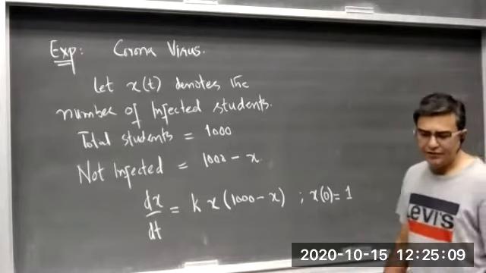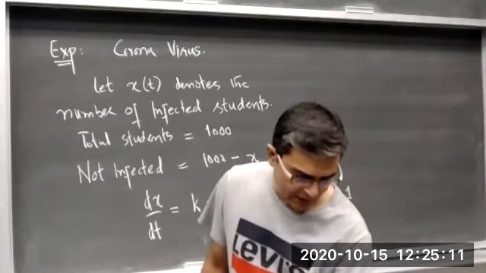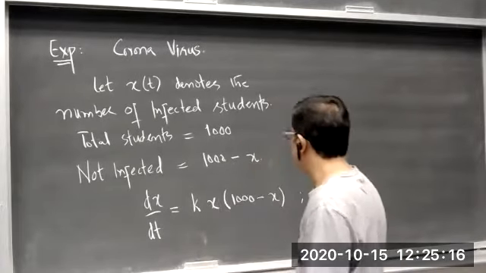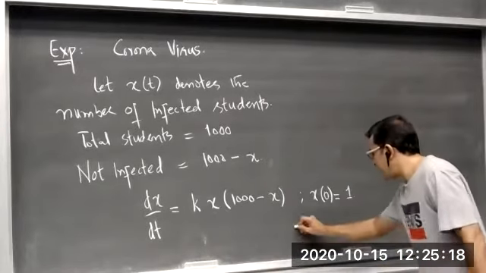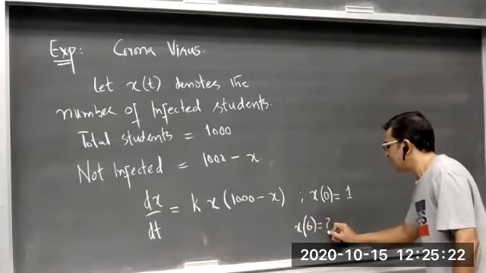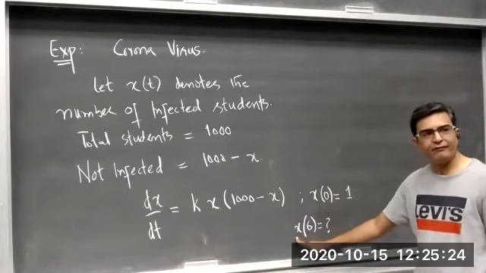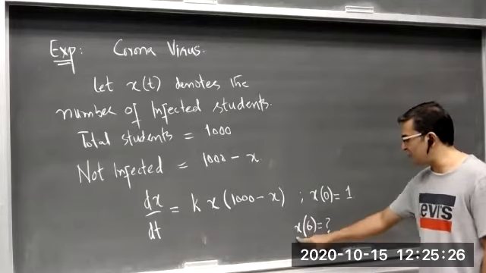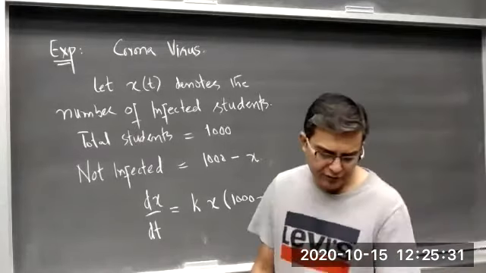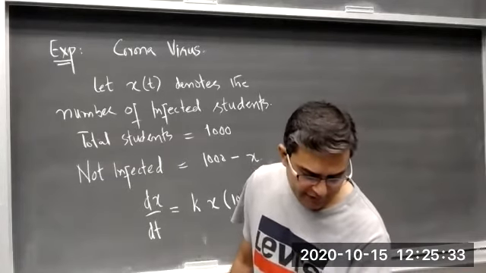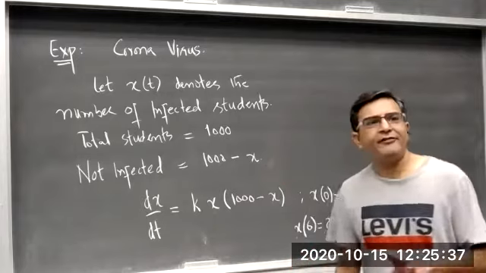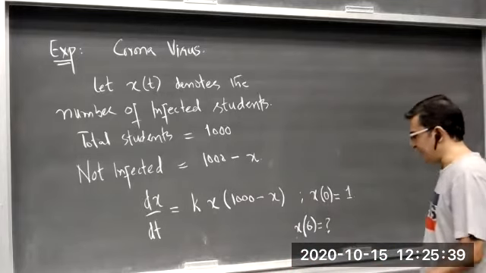Now, we need to compute how many students are infected after 6 days, means we need to compute x(6). Another piece of information is given: after 4 days, 50 people have been infected already.